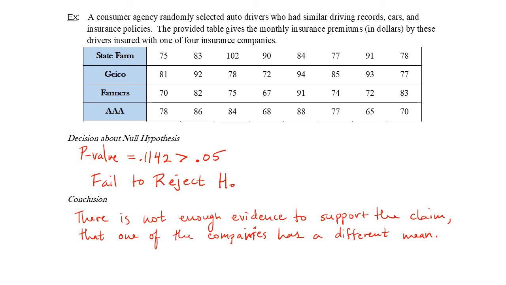In other words, it's very possible that these four groups come from populations that have the same mean. So yeah, it's possible that all the means are the same.